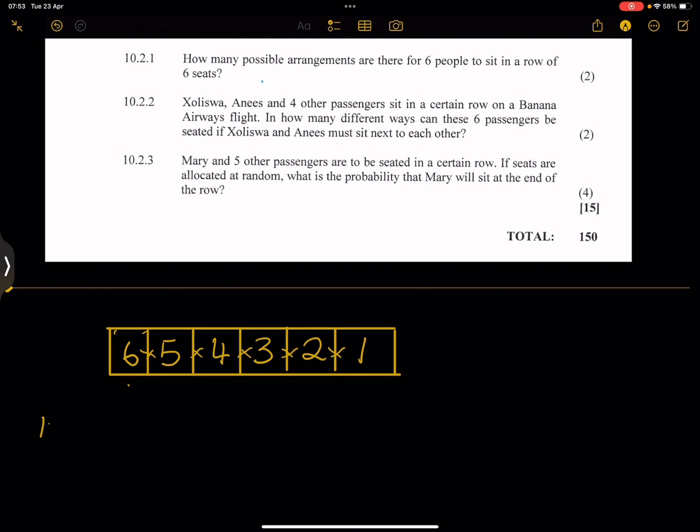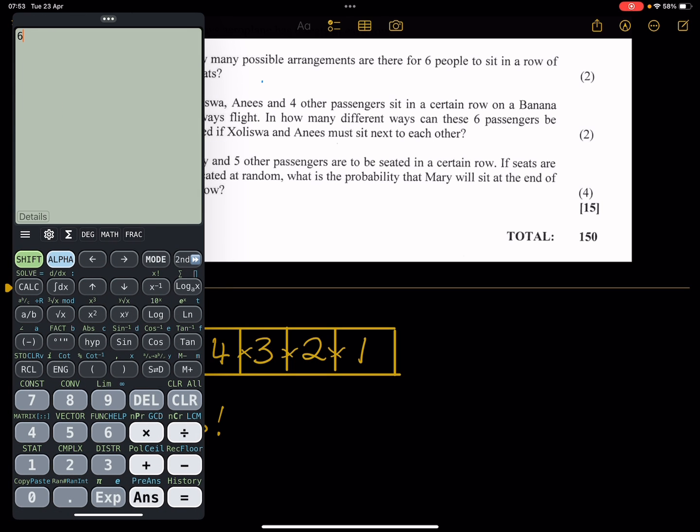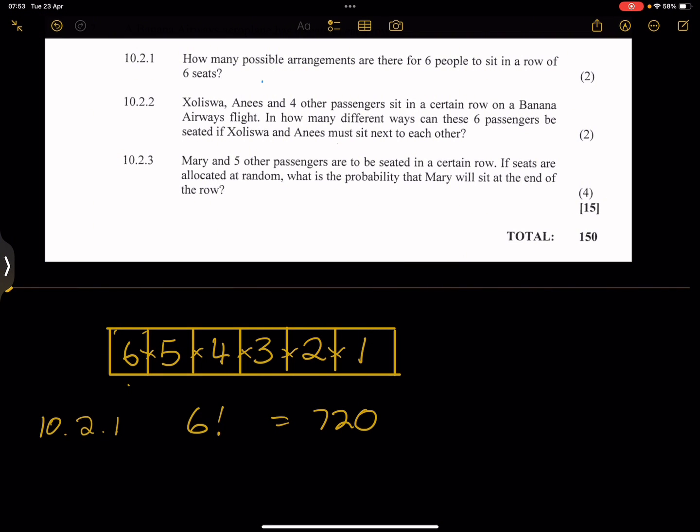So that means for 10.2.1, you can actually seat them in 6 factorial ways. Okay, so if you want to, we can take 6 factorial. This is 720.